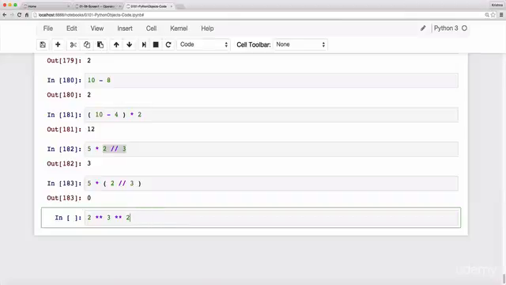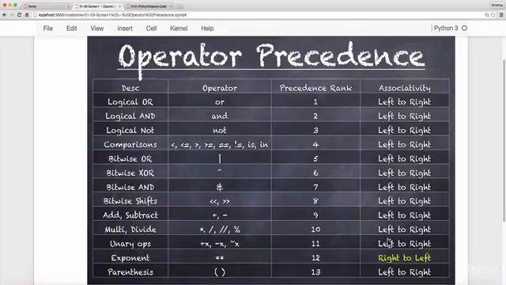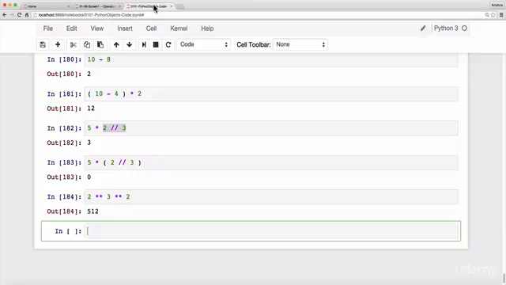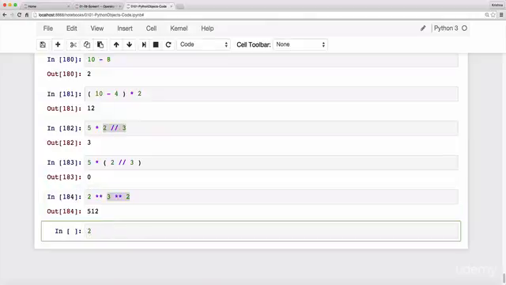But actually you will get a bigger value, 512. The reason is, because of the associativity rule of right to left, the right operator is executed first, meaning 3 to the power of 2 is executed. Then we get 2 to the power of 9, and if you execute that, you get 512.